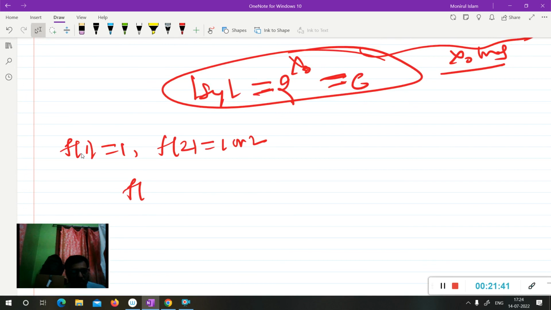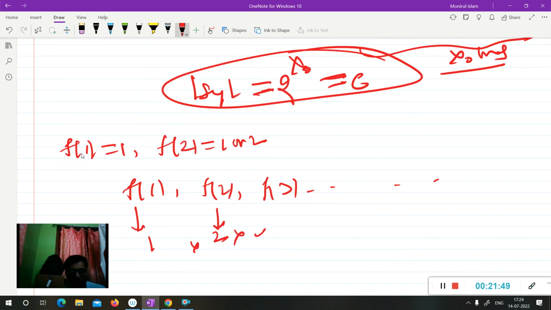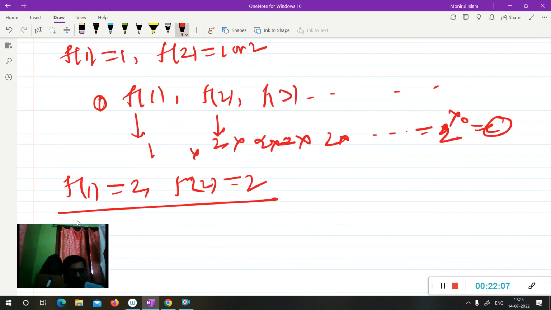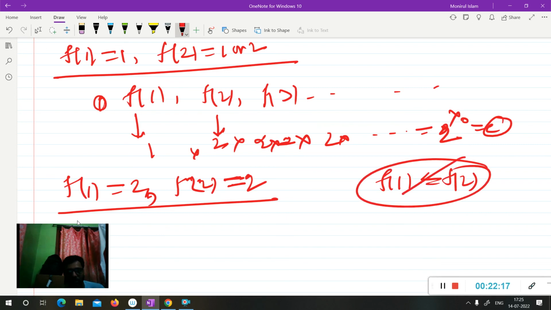So for f1, f2, f3 and so on, f1 has 1 choice, f2 has 2 choices, and the remaining have 2 choices each, giving 2 to the power aleph-null, continuum. In the second case, if f1 maps to 2, then f2 maps only to 2, otherwise it would violate the condition f1 less than or equal to f2.